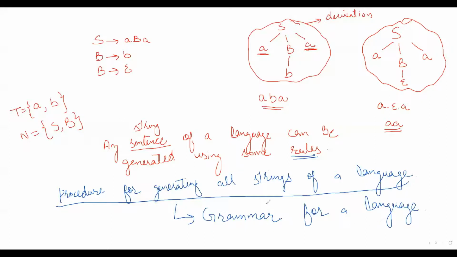Okay, so let me introduce you to the concept of grammar. Then we will repeat these things again and again, and we will see what is grammar. We will formally define what is grammar, and we will discuss different examples to see how we can generate all strings of a language using a grammar.